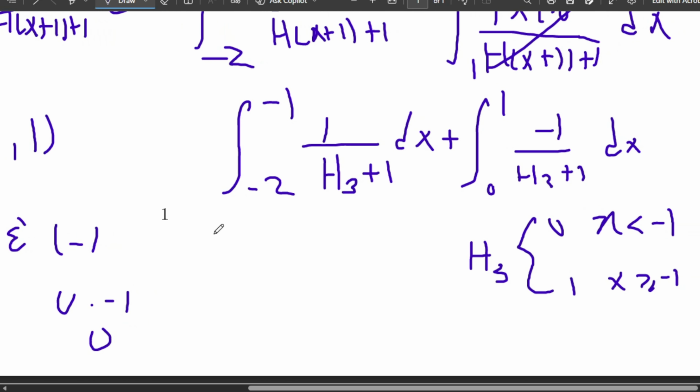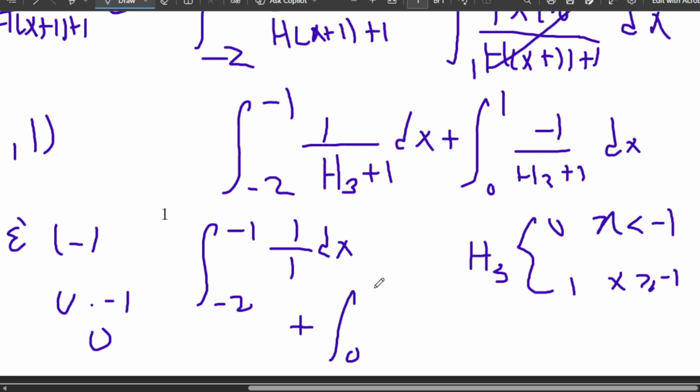That means the integral from negative 2 to negative 1 of 1 over 1 dx, because 0 plus 1 is 1, and then add the integral where x is greater than or equal to negative 1, from 0 to 1, where h3 is 1. So it's negative 1 over 2, the integral from 0 to 1 of negative 1 over 2 dx.